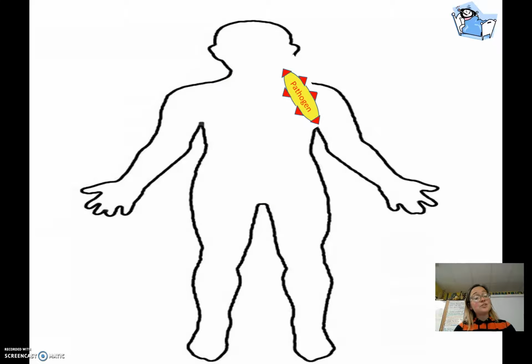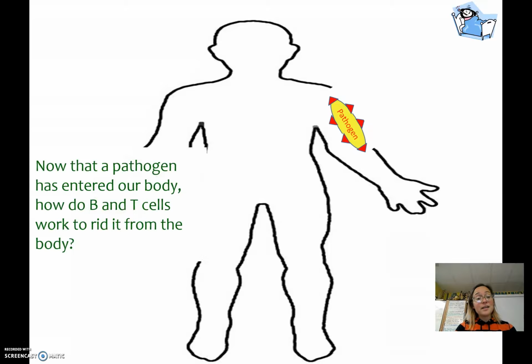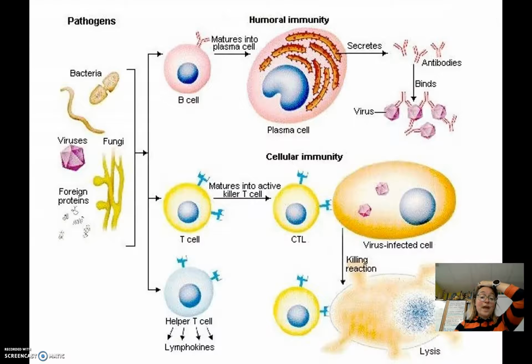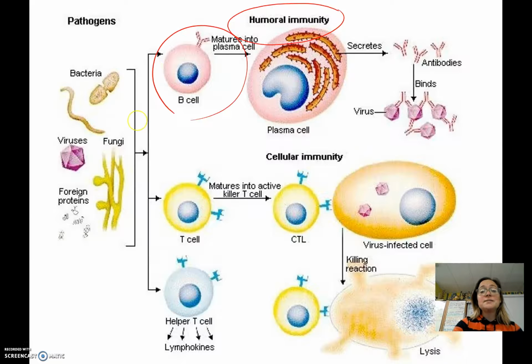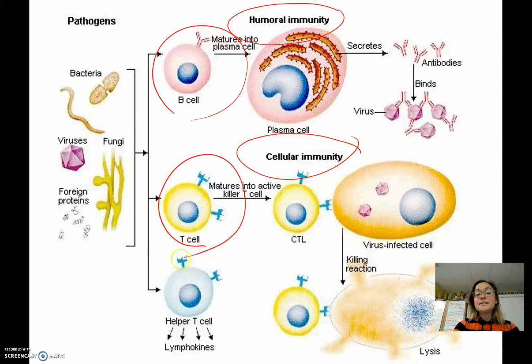So as that pathogen circulates throughout my body, I need to have a way to try and defeat it. We have two types of immune responses that are very specific for pathogens inside of us. In humoral immunity, we're going to use our B cells. In cellular or cell-mediated immunity, we're going to use T cells.